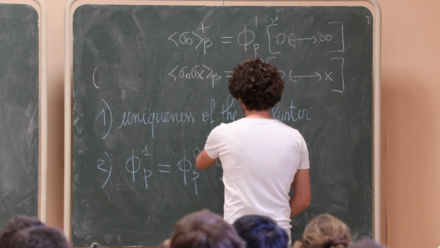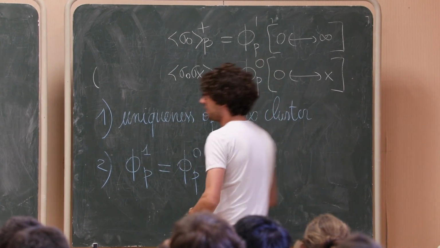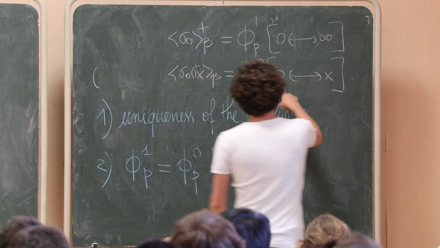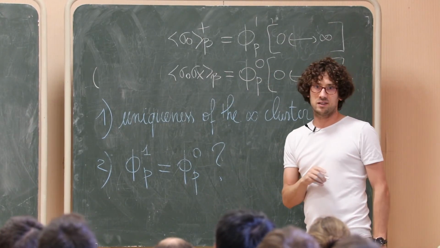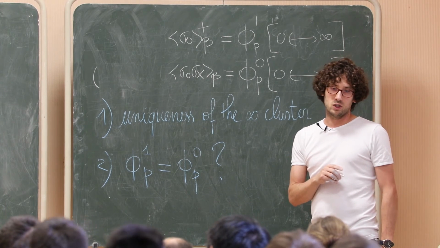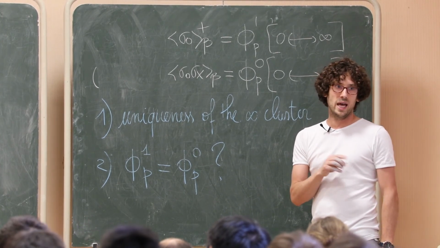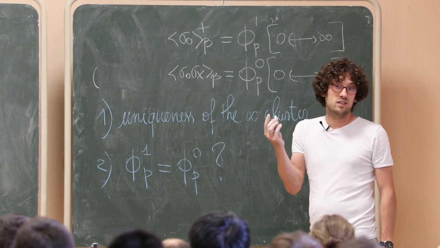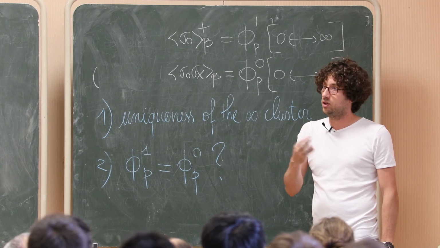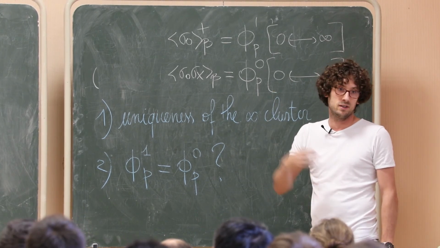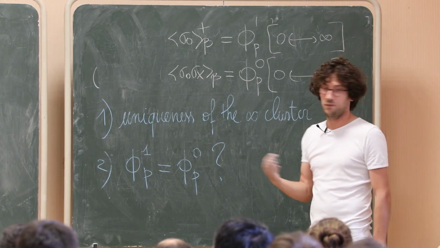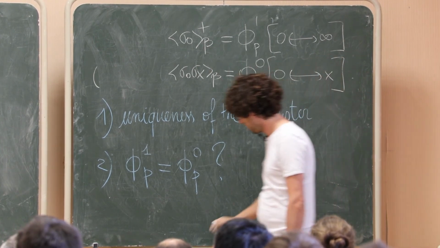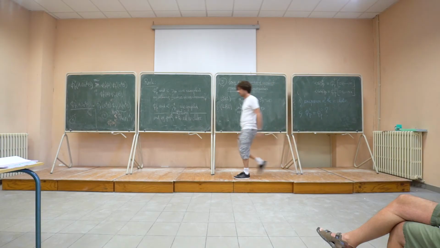If there is a unique infinite cluster and phi 1p is equal to phi 0p, if I want to prove that this implies this, I would just use that 0 and x connected to each other is an event which is easier to achieve than 0 and x connected to infinity. These are two increasing events, so it's larger or equal to the product of the probability that 0 is connected to infinity times the probability of x connected to infinity, and this is the average of sigma 0 under plus beta, squared. I will rewrite this anyway later.